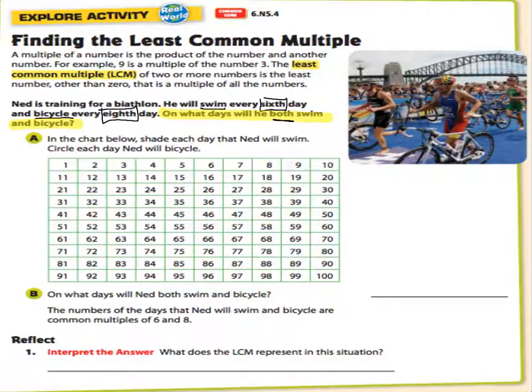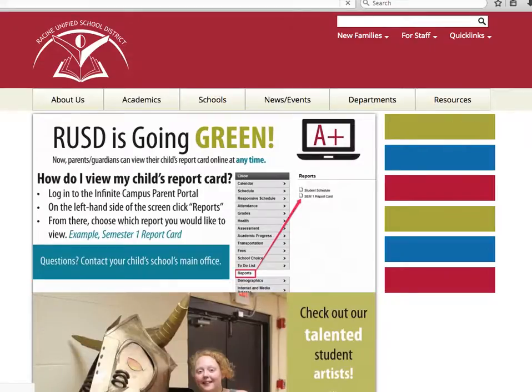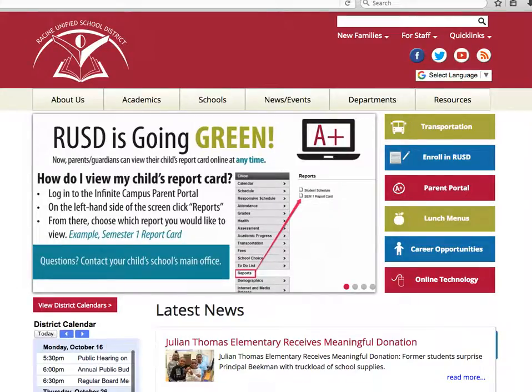So let's go through and figure out which days he's going to swim. So I'm going to do a blue highlighter for this. All right, so on every 6th day he swims. Oh, sorry about that. Click the wrong thing.